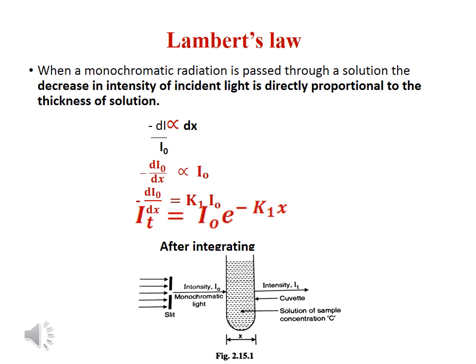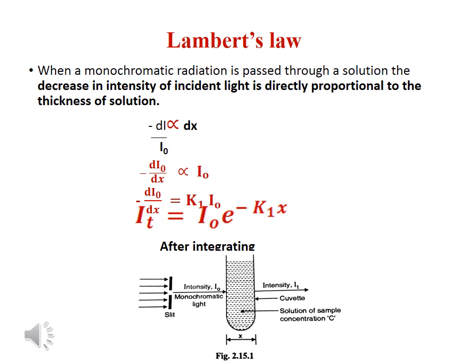UV visible spectroscopy is based on two laws, Lambert's law and Beer's law. So what is Lambert's law? When a monochromatic radiation is passed through a solution, there is a decrease in the intensity of incident light, and it is directly proportional to the thickness or path length of the solution.